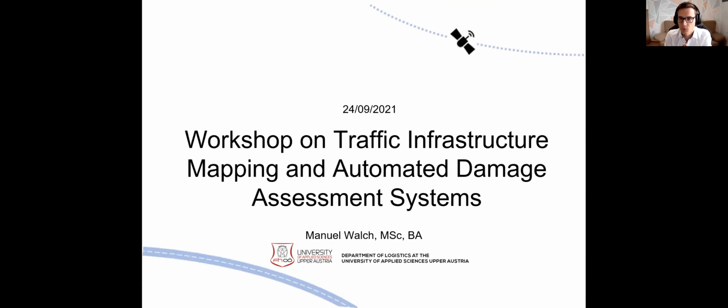Well, hello, everybody. My name is Manuel Walch, and I'm a researcher in the field of logistics at the University of Applied Sciences in Upper Austria. Our team focuses on hyperconnected logistics systems, and within this field, topics like CCAM or CITS also play an important role in our research.